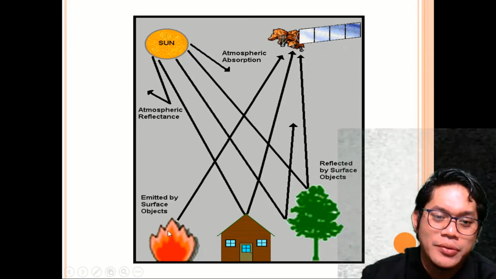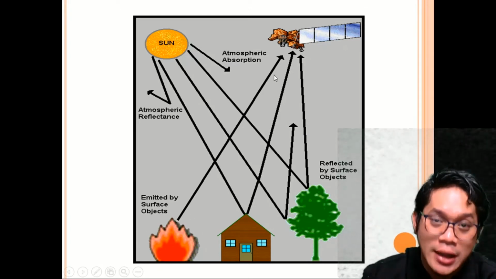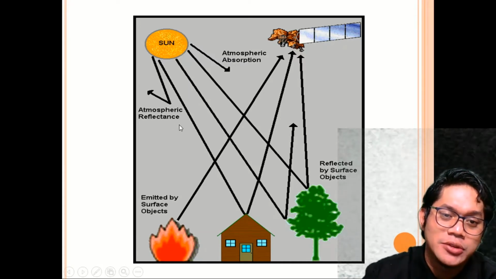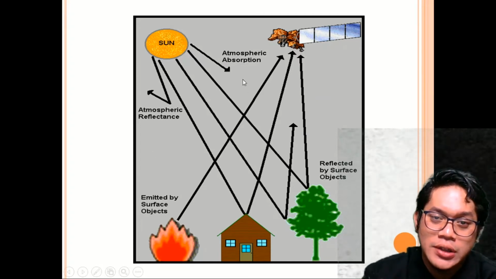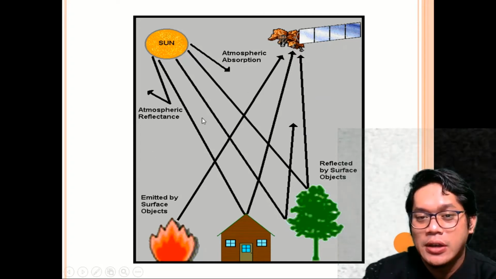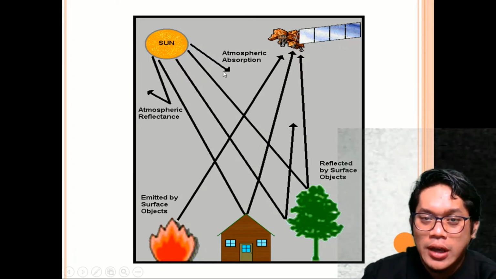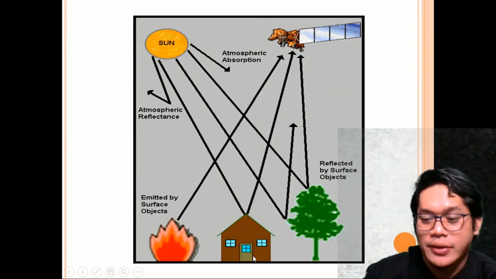However, some of the energy emitted by the surface is also able to be detected, but not really much. And in between, there are some atmospheric reflectance and absorptions that happen, and all of this gathers the information about anything within the atmosphere down to the Earth's surface.